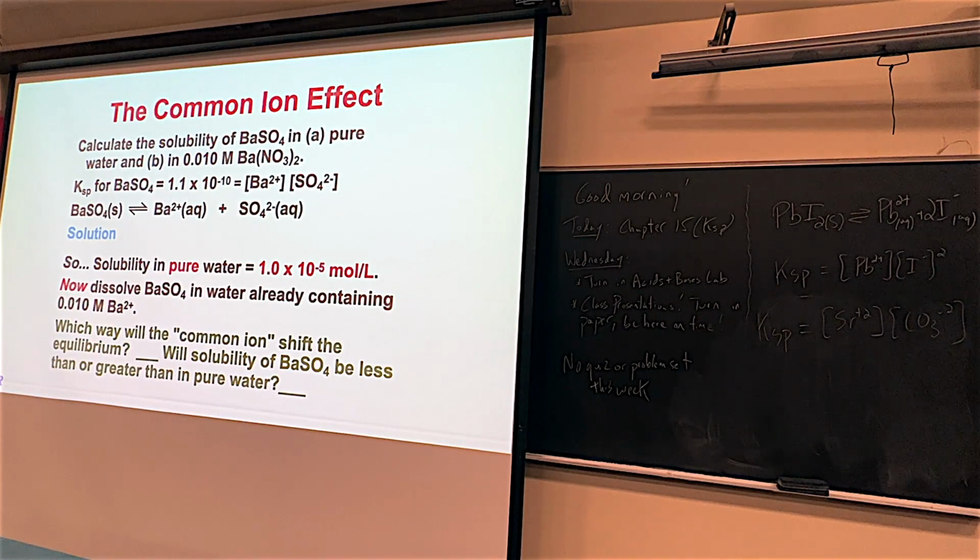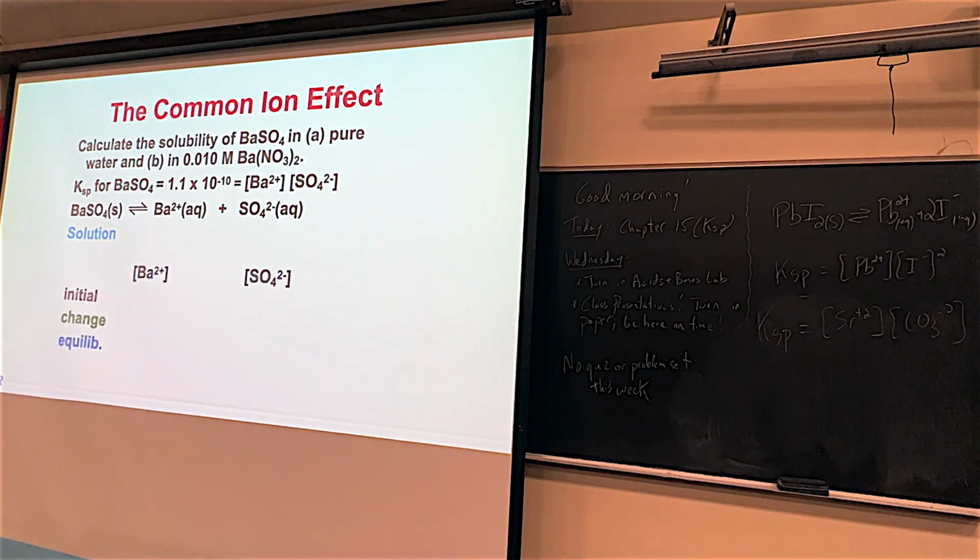Okay, so what you can do is set up an ICE table. In this case, you've got so much barium to begin with, 0.010, and you don't have any sulfate. Remember, at equilibrium, you have to have some of everything. So the sulfate will go up by Y, and barium will be the initial amount plus Y. I used Y here because I was using X for solubility earlier, and I want to point out that it's a different thing.